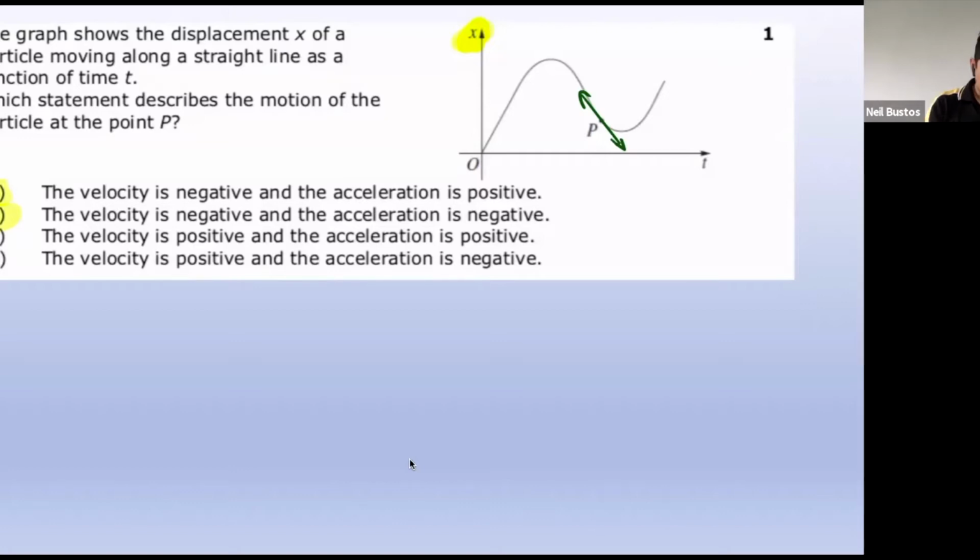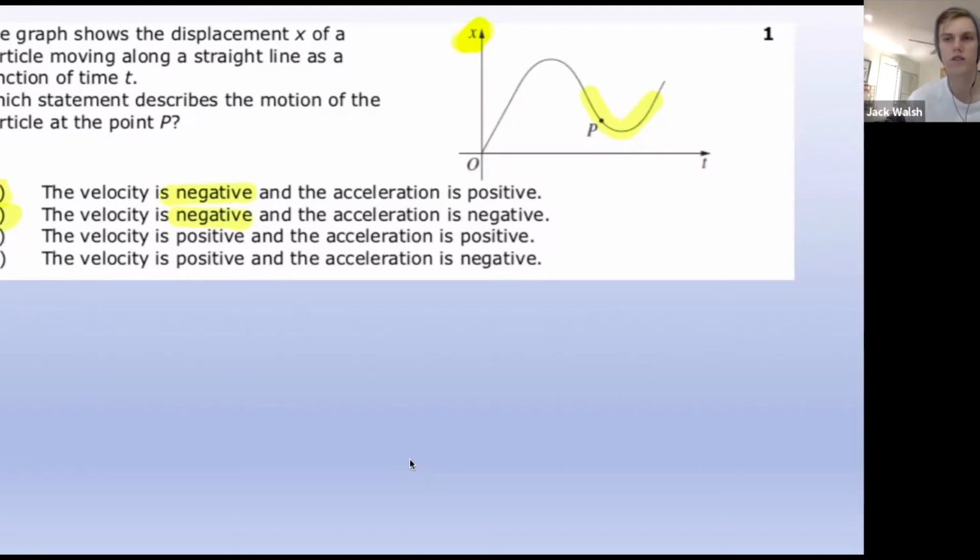If I take this off, there we go, it's off. At point P, what's the concavity like? Positive. And remember, the double derivative, what does it tell us? It tells us acceleration, but when we go back to calculus, it tells us the concavity.